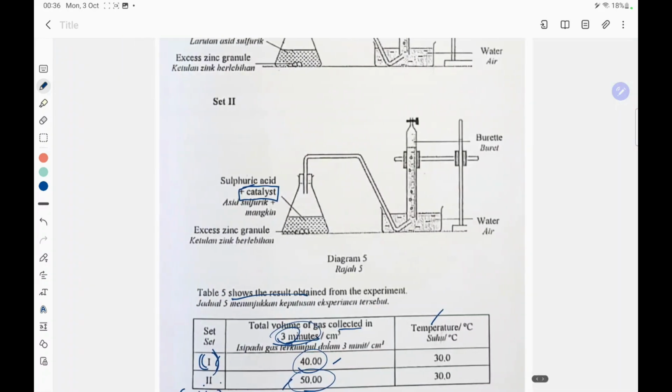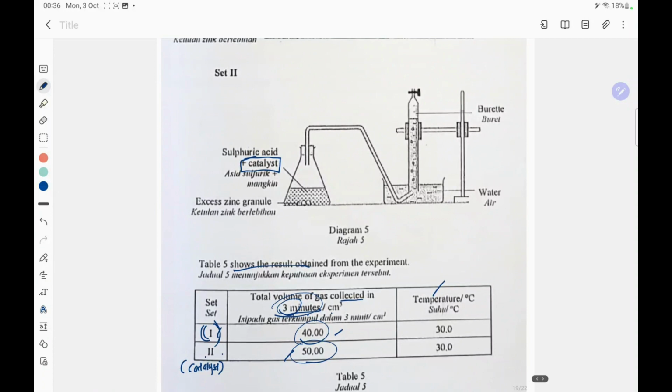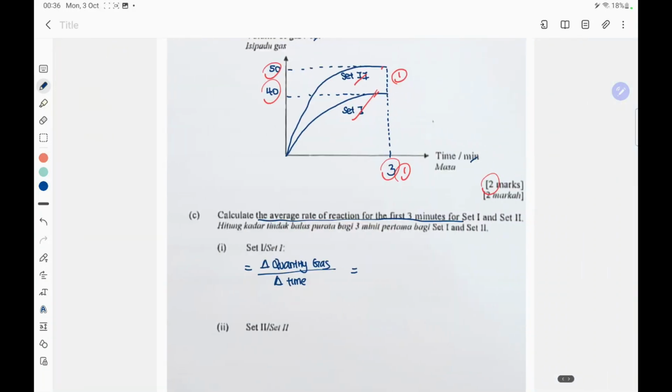So the first one is 40 cm cube in 3 minutes, so we'll be getting 13.33 cm cube per minute. Please remember the unit. The unit is very important.